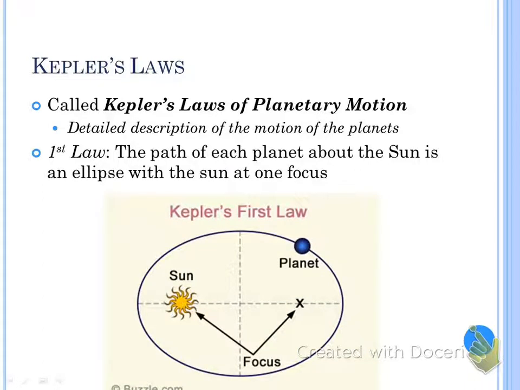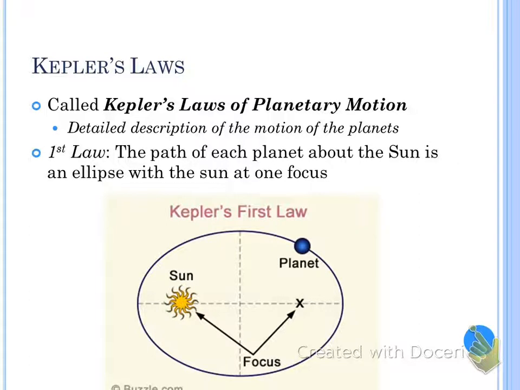So here's kind of the diagram of what I'm talking about here. We see this elliptical shape, a stretched circle, and he's developed what we call 2 focus points. So at any time this planet is rotating, you can find the sun at a focus point.